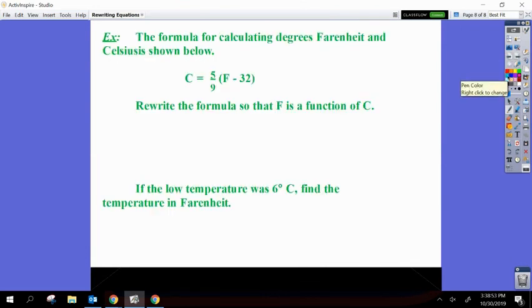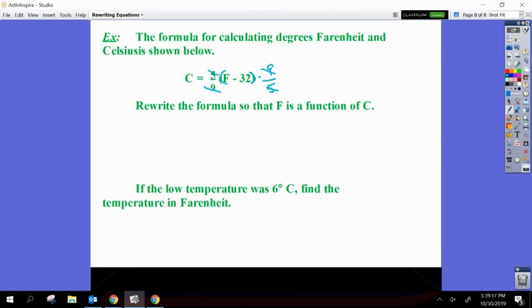Here's a word problem. There's an actual formula. Celsius equals 5/9 times the entire quantity, 32 less than F. Rewrite so that F is a function of C. So obviously it's not solving for C because it's already solved for C, but there's another hint, F is. Looking at this, first thing we're going to want to do is multiply by 9/5 because this entire thing is held together.